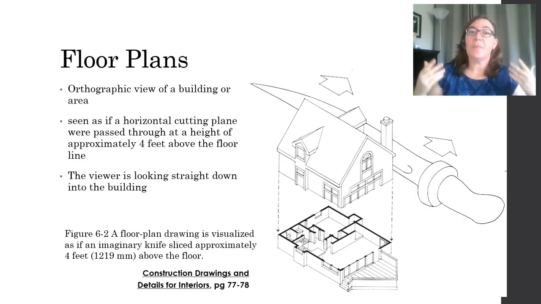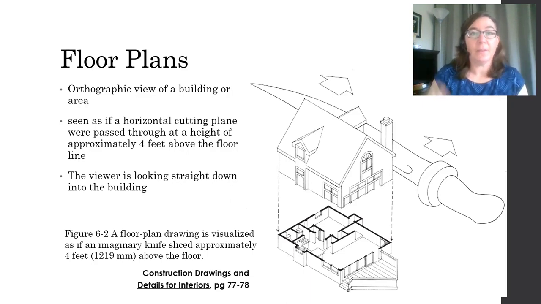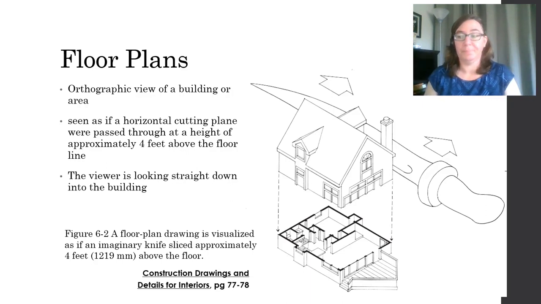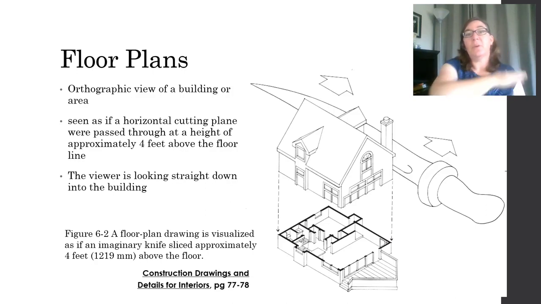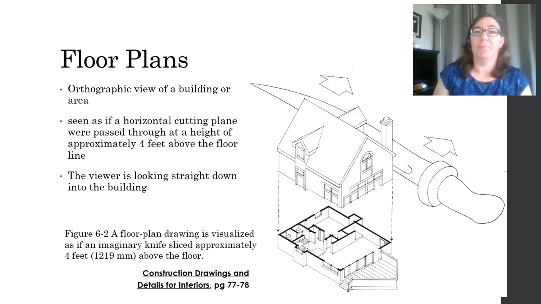So let's start with the most common of those architectural drawings, and that is a floor plan. A floor plan is an orthographic view. All right, it is straight on 90 degrees, no angle, no foreshortening of a particular building or an area, and it's constructed or seen as if there were a horizontal cutting plane passed through the building, and the height is usually about 4 feet, 4.5 feet above the floor line.